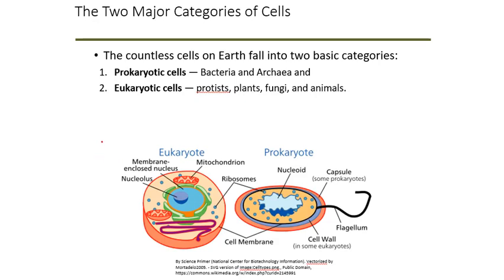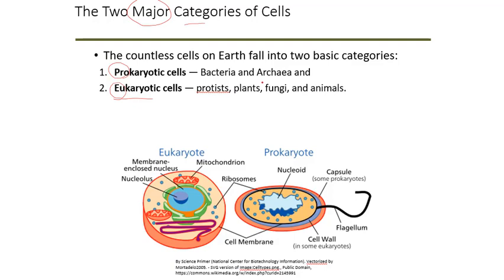So now when we explore the world of cells, we know that there are two major categories of cells. The first one is something that we call prokaryotic cells, and then the second category is what we call eukaryotic cells, right? Prokaryotic cells versus eukaryotic cells. So when we're thinking about bacteria, archaea, we know that those are prokaryotic cells.